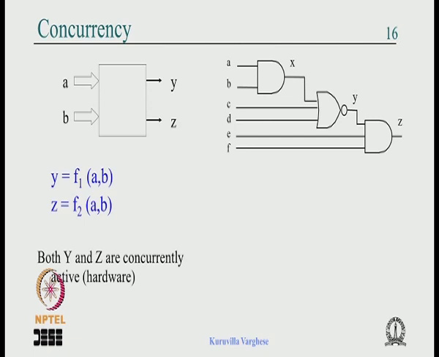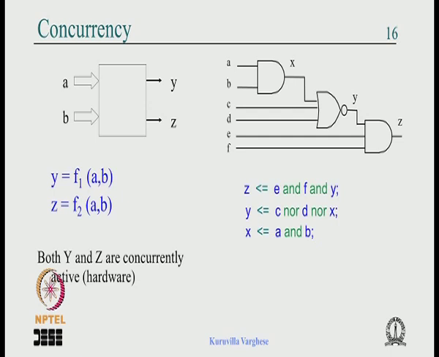Now let us look at a little more serious example of that. Say we have a circuit like this: A and B go to an AND gate which produces an internal signal called X, which along with C and D goes to an XOR gate. The output of the XOR gate is called Y, and that along with E and F goes to Z. Now suppose we have written the VHDL code with the expression like this.